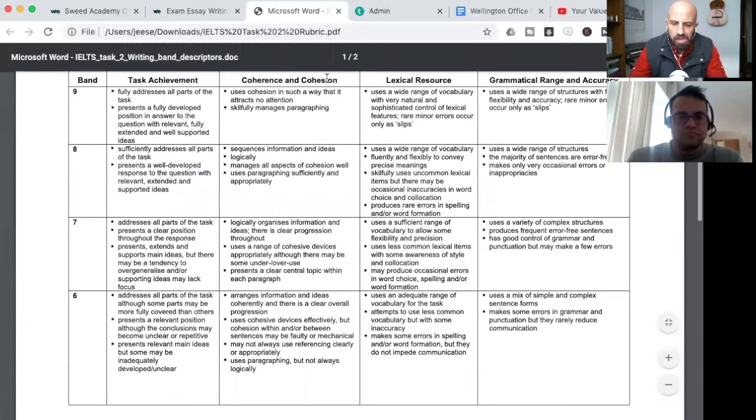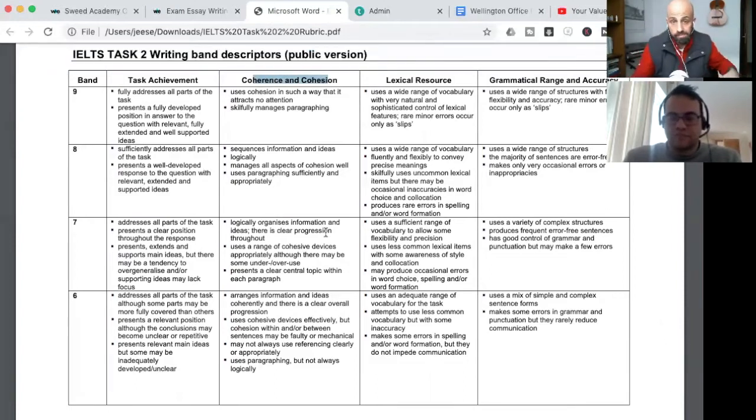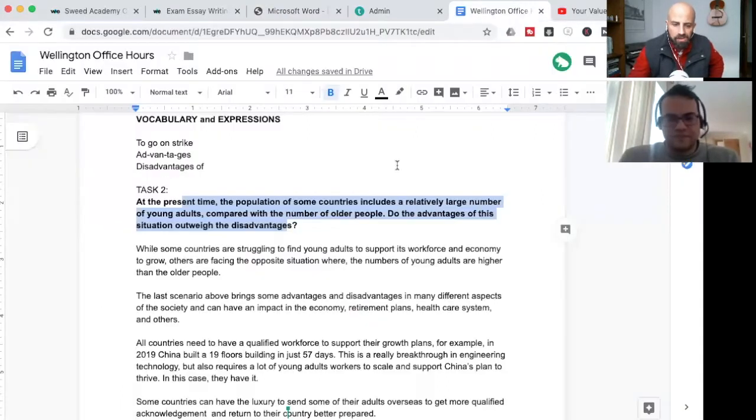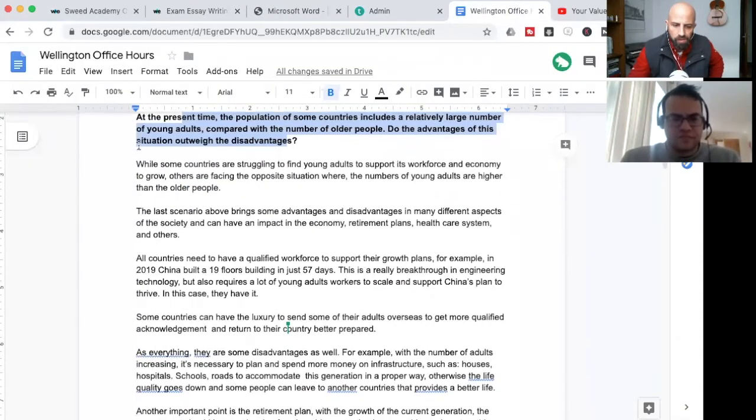Next, cohesion and coherence. This is how well your language flows together, right? How well it connects. So you mean the points are connected throughout the essay? Exactly, there's a logical flow, and they're connected.